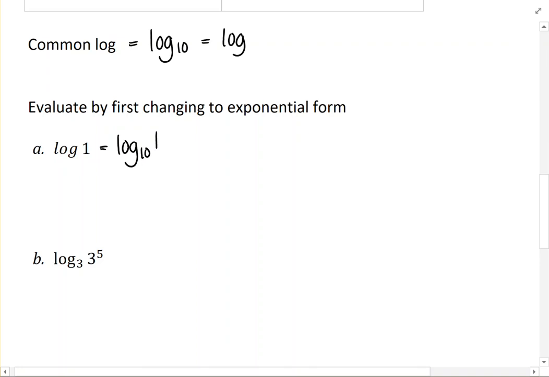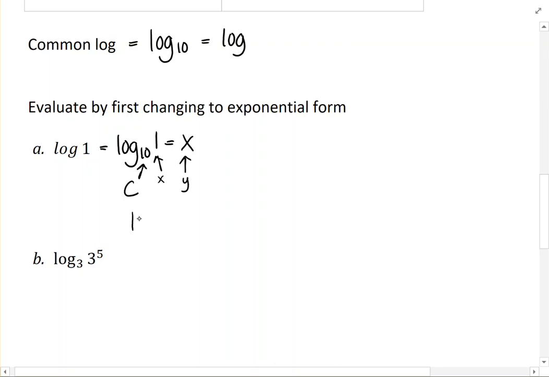Now, let's just rewrite it down here. So we know this is equal to x. So if we rewrite it again, this is our base, this is actually our x value, and this will be our y, or that exponent that we're looking for, right?